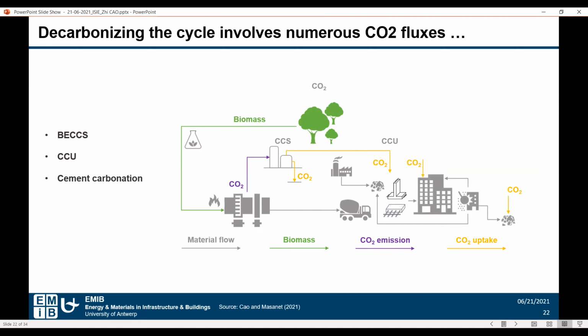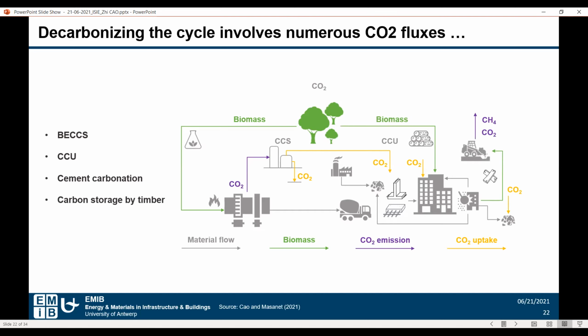And as you know, over the lifespan of cement-based products, CO2 will slowly react with calcium silicates in a cement and be stored in cement permanently. And this phenomenon is called cement or concrete carbonation. And the last CO2 flux represents an alternative route of using biomass to remove CO2, and that is replacing concrete by mass timber.